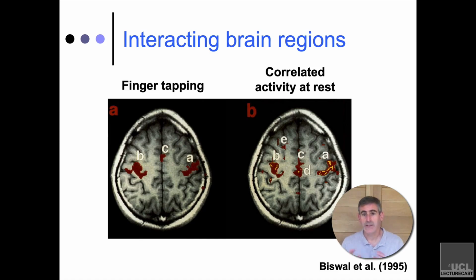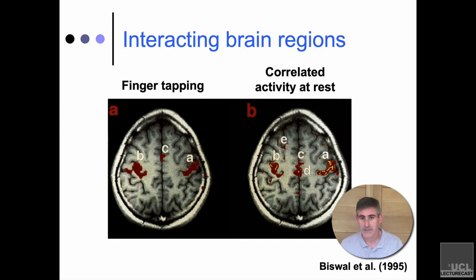So even though they're doing nothing, this is what's known as resting state data, because they're not doing an explicit task, they're just resting. He could see that by seeding the brain in the primary motor cortex and saying, look, I know where their primary motor cortex is, what other parts of the brain are going up and down with primary motor cortex? He recreates this whole pattern of left-right primary motor cortex as well as that supplementary motor area.